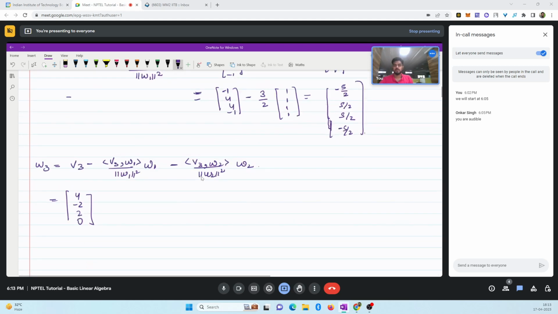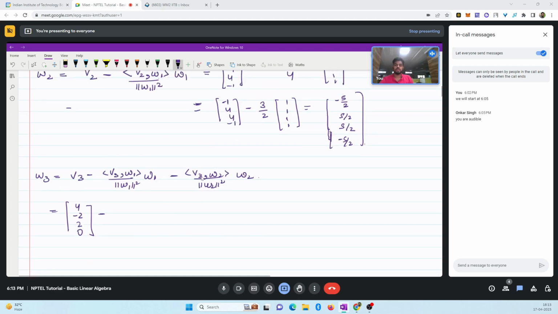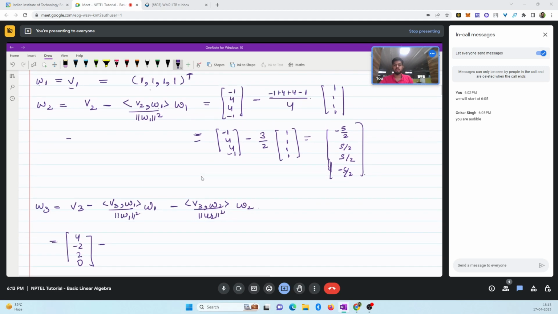Now if you take the dot product of V3 with W1, this term is 4 minus 2, this would be 4 over here, and the denominator is also 4.